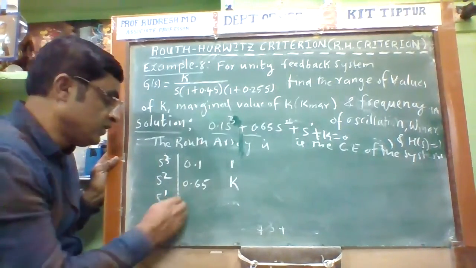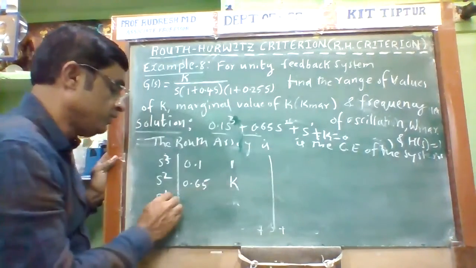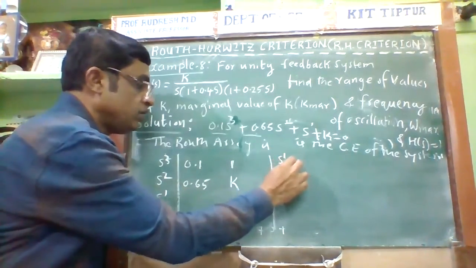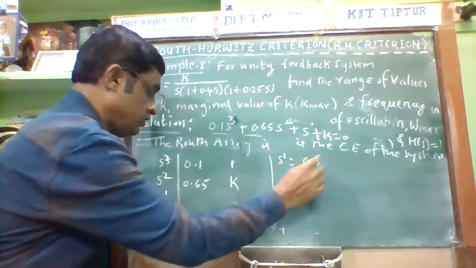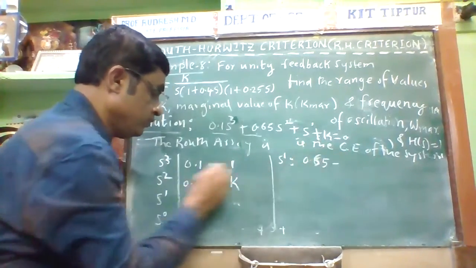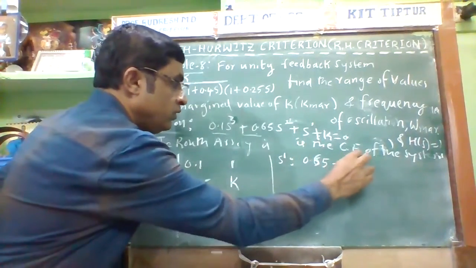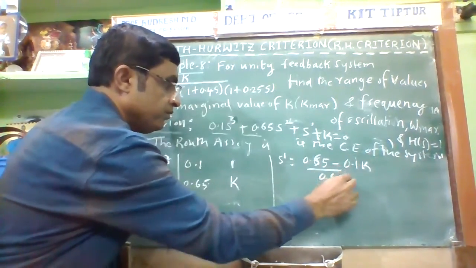The next row can be formed from the next elements. The s to the power of 1 row element is equal to (0.65 into 1 minus 0.1 into K) divided by 0.65.